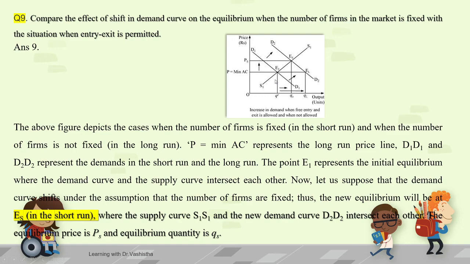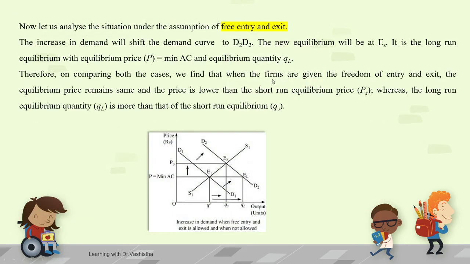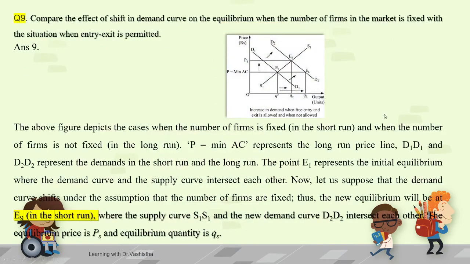Whereas the long run equilibrium quantity, which is QL, is more than that of the short run equilibrium, which is QS.